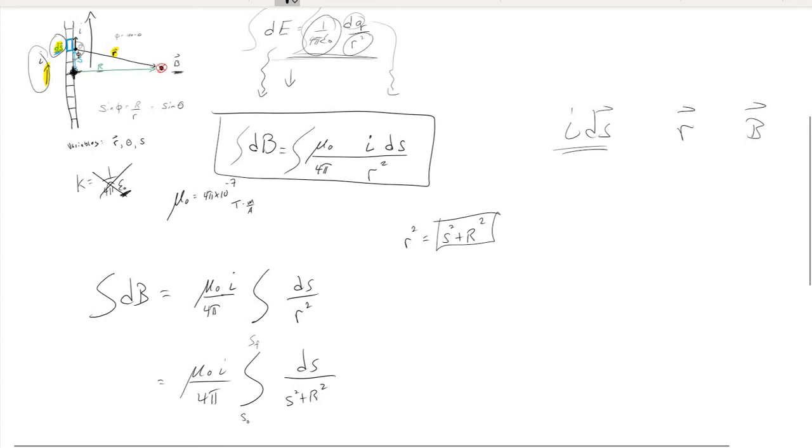We know that our current is traveling along the vector direction of ds. We know that little r is the vector that measures the difference between where on the wire we're currently measuring at versus where in space we're trying to measure our magnetic field.